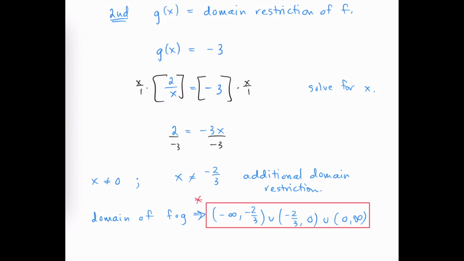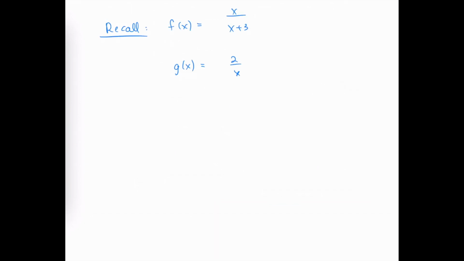Now before we leave, let's take a closer look as to why negative 2/3 had to be excluded. Let's recall that f and g were these functions, and what we said was that negative 2/3 is not a domain element or is not an allowable input for the f composed with g function. One way of evaluating that is to take negative 2/3 and plug it into the g function first, and then that output goes into f.